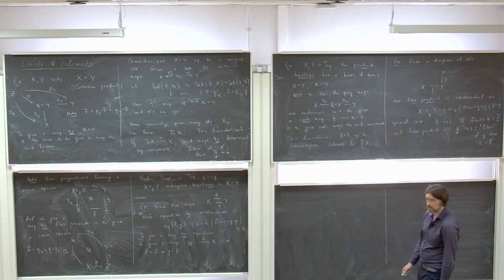So any questions about these examples before we do the dual examples? I just don't understand.